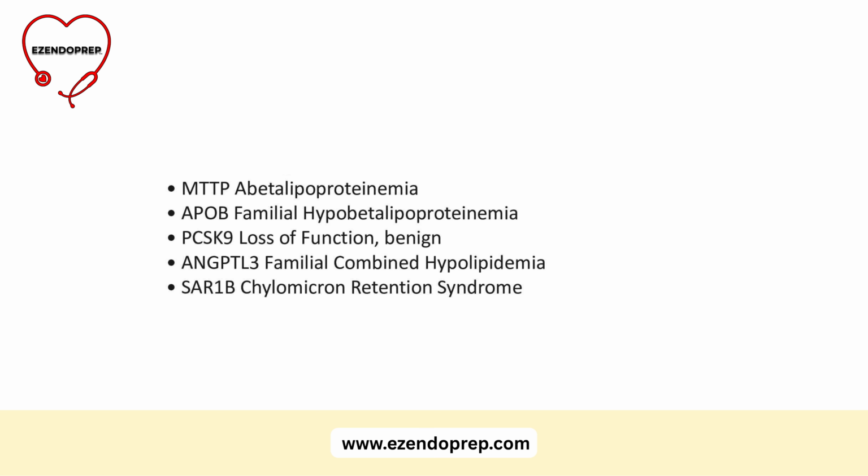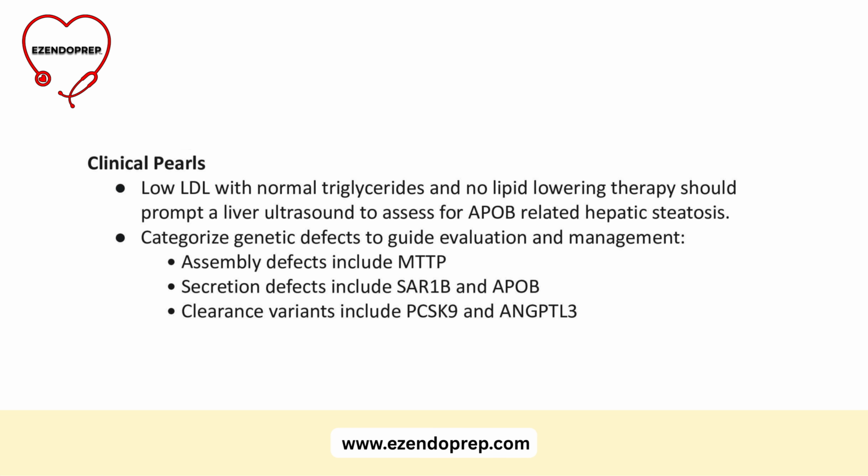ANGPTL3 mutations cause familial combined hypolipidemia. And SAR1B mutations cause chylomicron retention syndrome. Despite their differences, all of these disorders share one core feature: defective synthesis, assembly, or secretion of ApoB-containing lipoproteins.